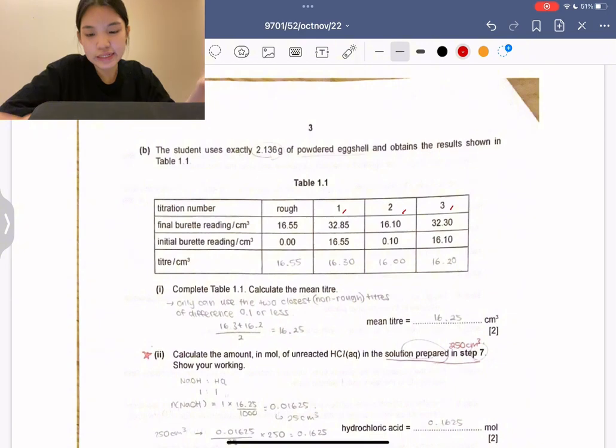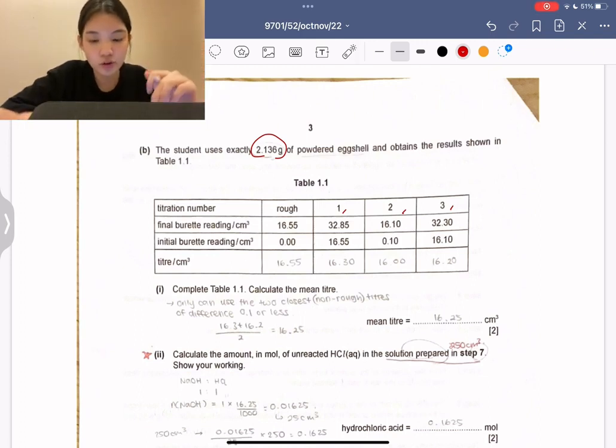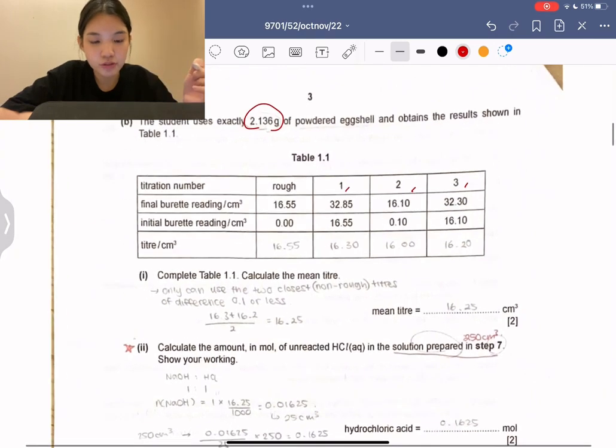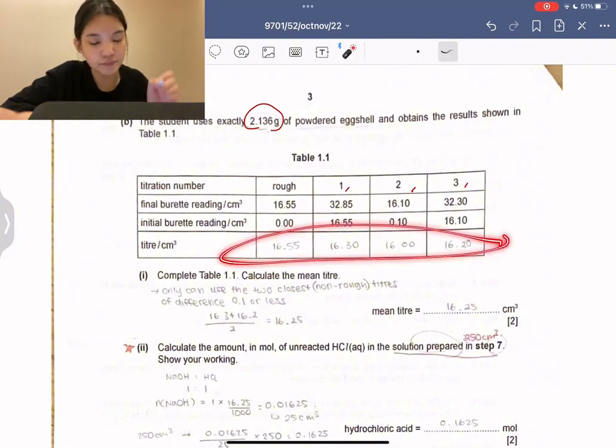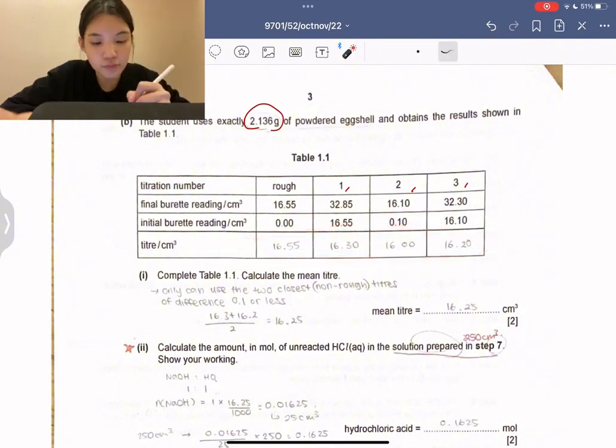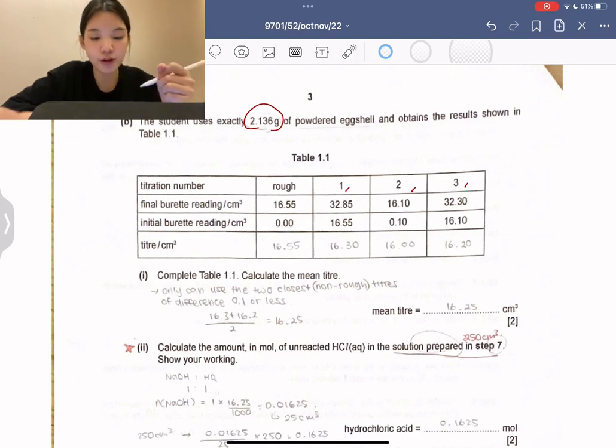So for B, the student uses exactly 2.136 grams of powdered eggshell and obtains the result shown in Table 1.1. In Table 1.1, you should first fill in the blank spaces. This is done by 16.55 minus 0.00, the initial burette reading, to form the titer 16.55.